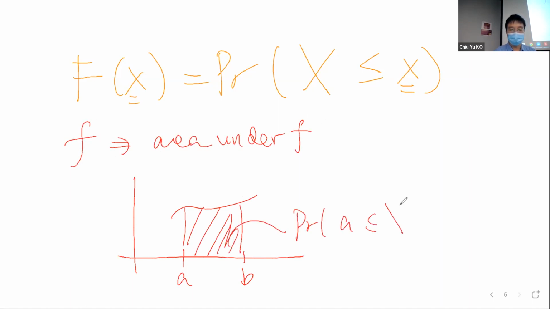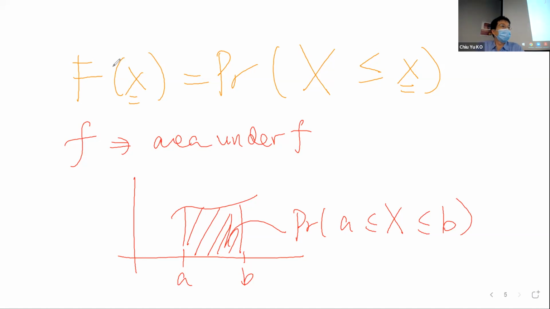So there is a difference: for small f, we need to look at the area under the graph, while big F automatically gives you a number. And of course, they are closely related, because they are both talking about the probability that a random variable is in a certain range.